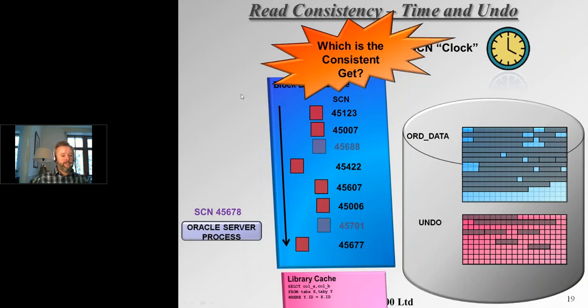So the majority of consistent gets that Oracle does, if you ever see them in the more in-depth statistics about Oracle processing, it just means it's considered having to roll the block back to a point in time, not that it actually has. Now, 99% of what we do as application developers, our SQL statements will all do consistent gets because we need that point in time.